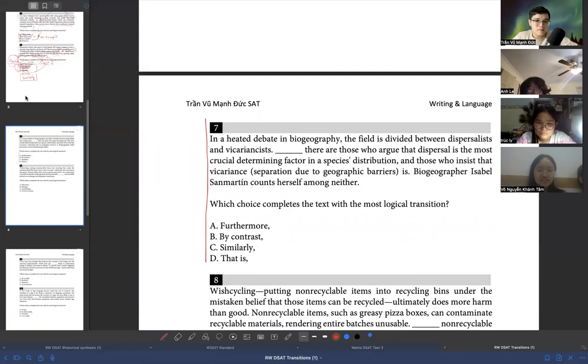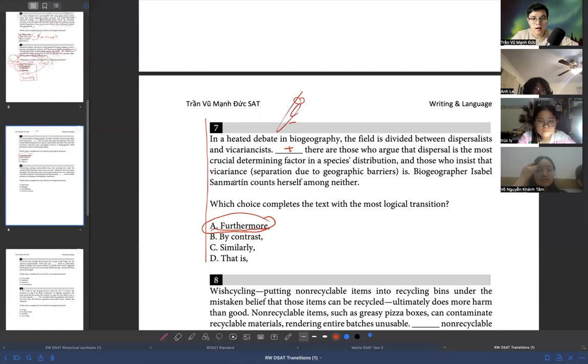All right, let's see. Firstly, you have furthermore as A. What does furthermore mean? Firstly, let's see if this is plus, minus, or neutral: supporting, contrasting, or neutral? Supporting.